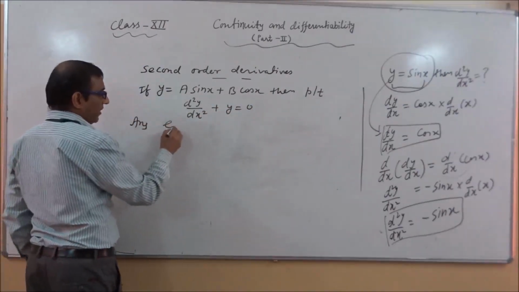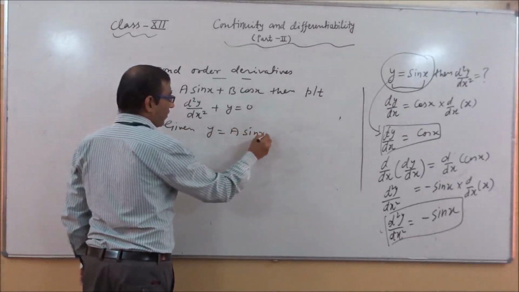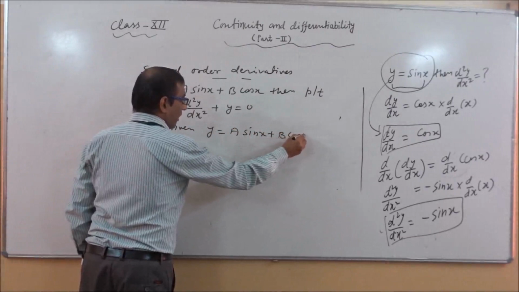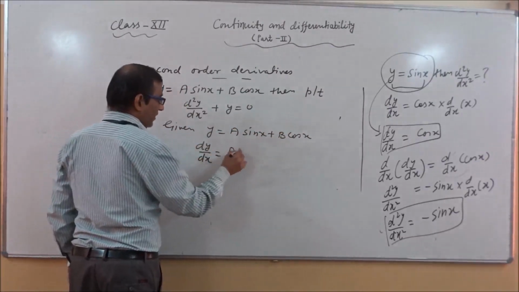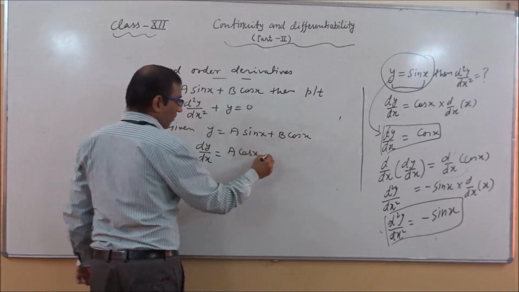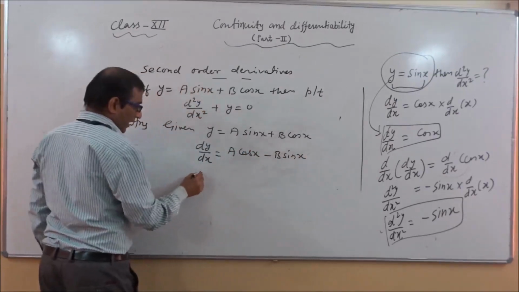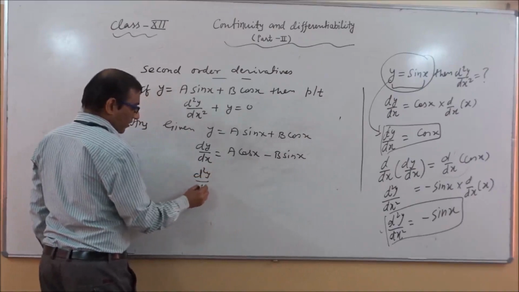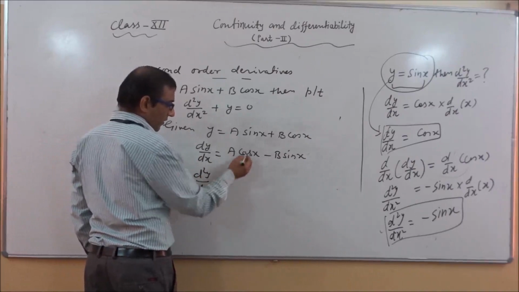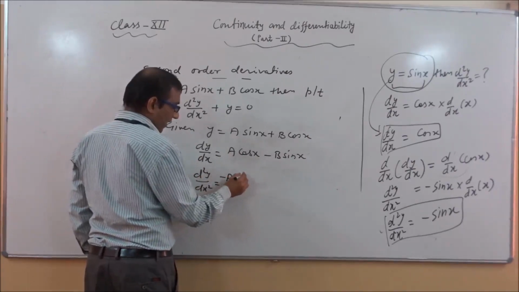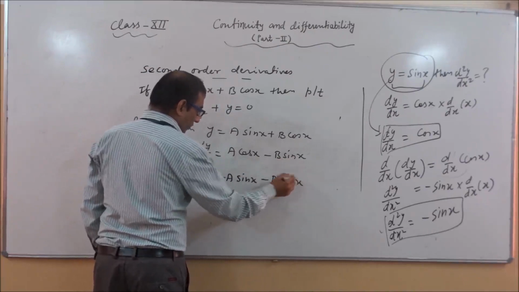First we will write what is given to us. We are given y equals a sin x plus b cos x, and when we do the differentiation, it can be written as a cos x minus b sin x. Now we will go with double differentiation. a is a constant quantity, it remains the same, and the differentiation of cos x is minus sin x, minus b as it is, and the differentiation of sin x is cos x.